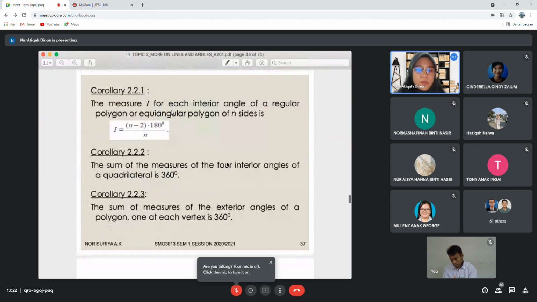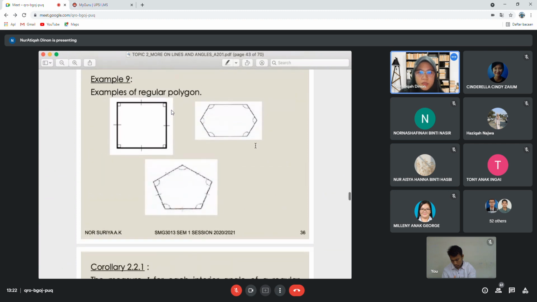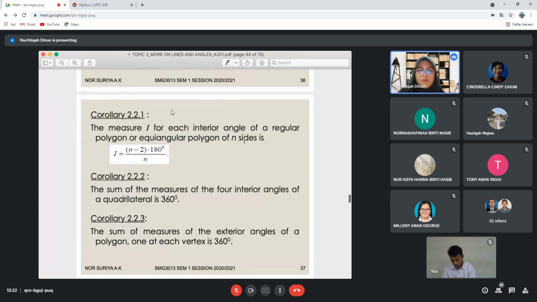Okay, now this corollary: find the measure I for each interior angle of a regular polygon or equiangular polygon of n sides. Given a regular polygon or equiangular polygon of n sides, we can find the measure of each interior angle as I here.